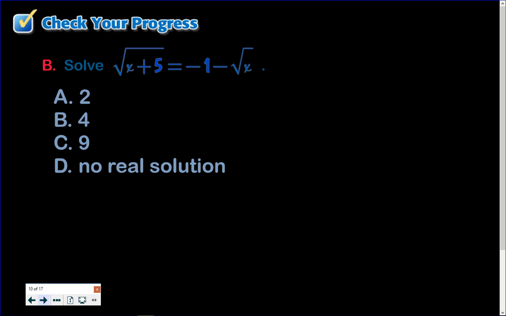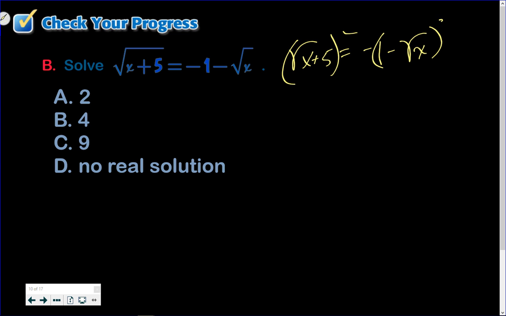Okay, what's the first thing I got to do on this one, guys? Square both sides. Just follow the steps in the example, 3 examples that I worked. Okay, so I'm going to square. I'm going to square both sides, right?